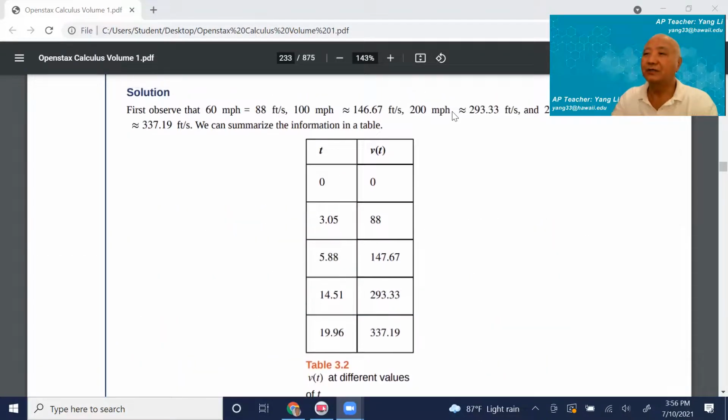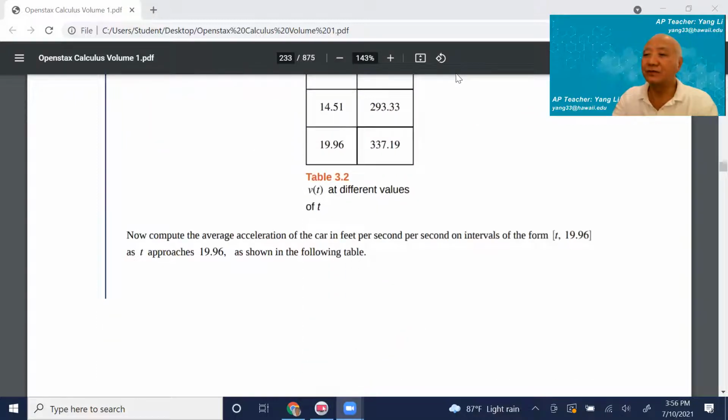They ask you to compute the average acceleration of the car in feet per second on intervals from t to 19.96 seconds.